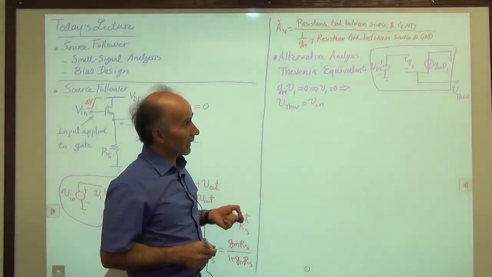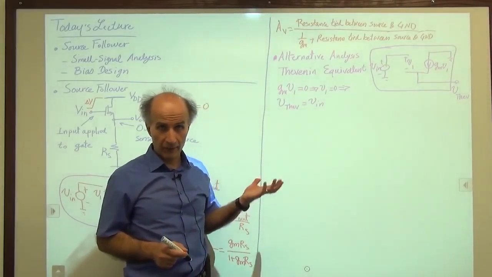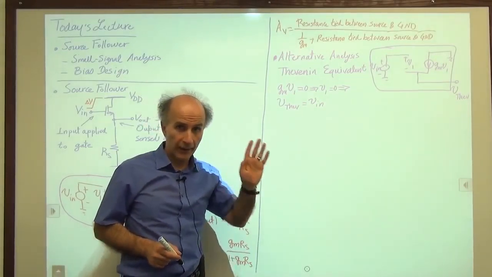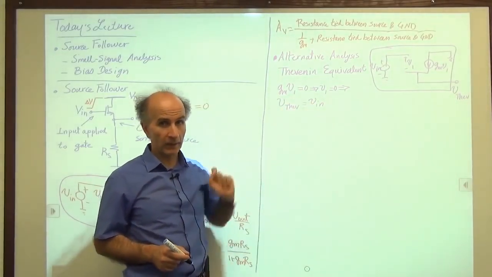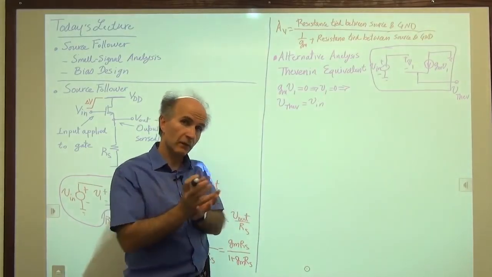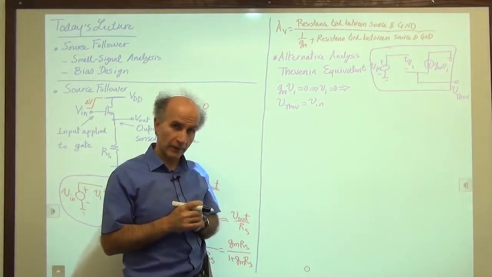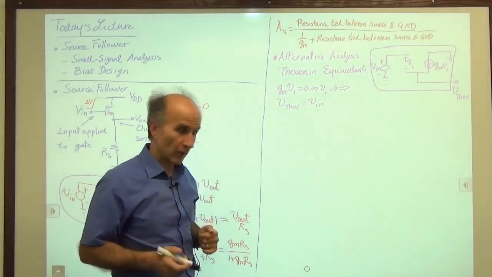Okay, in the next step, we have to find the Thevenin resistance. And we know how to do that. Thevenin says, kill all the independent sources inside the box, and then come from outside and apply a small signal voltage Vx, measure the resulting current Ix, and that ratio will give us the Thevenin resistance. So let's do that.